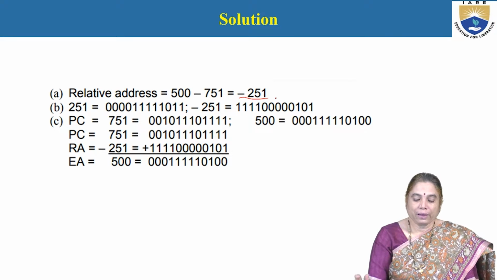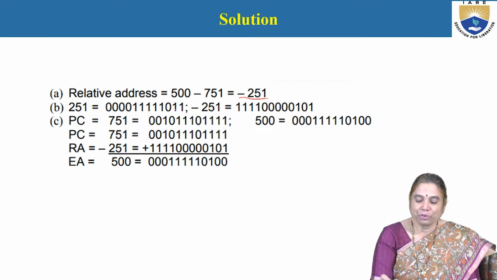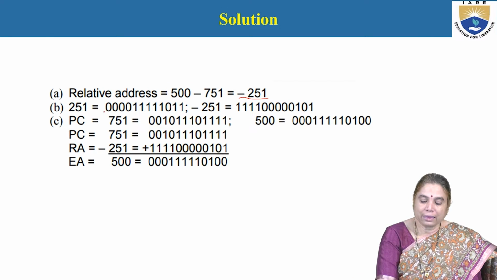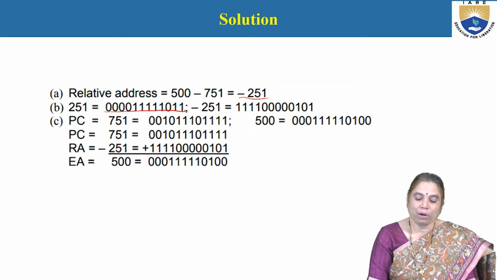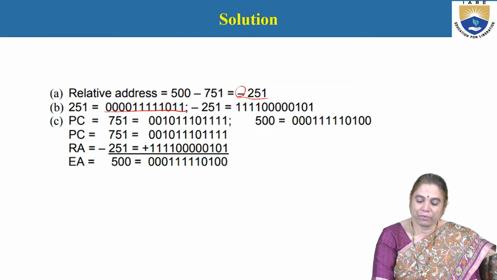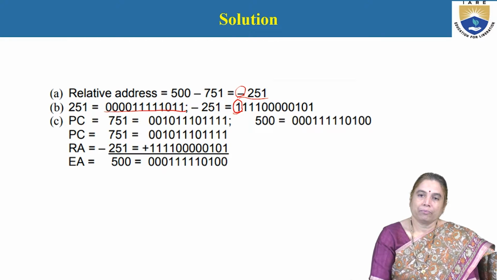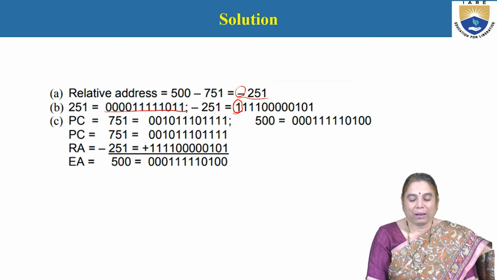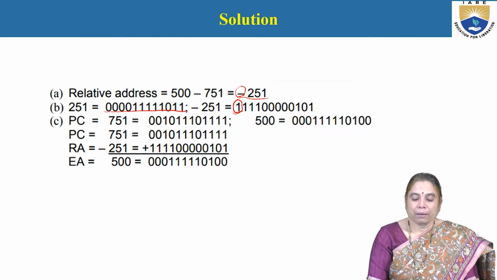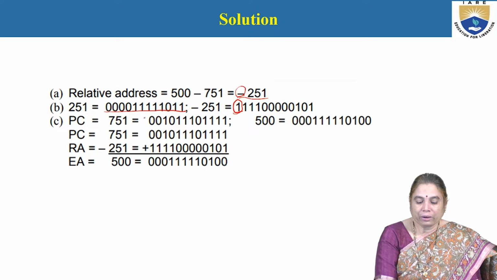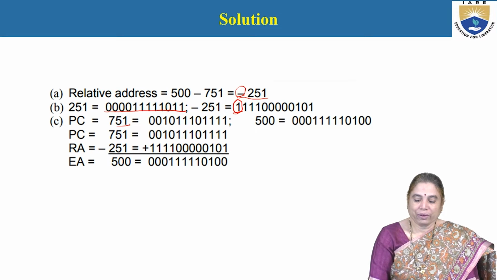So 251 has to be represented by its equivalent binary value. But it is minus 251, so the sign bit is 1 in case of minus, to represent minus 251. The program counter value is 751.